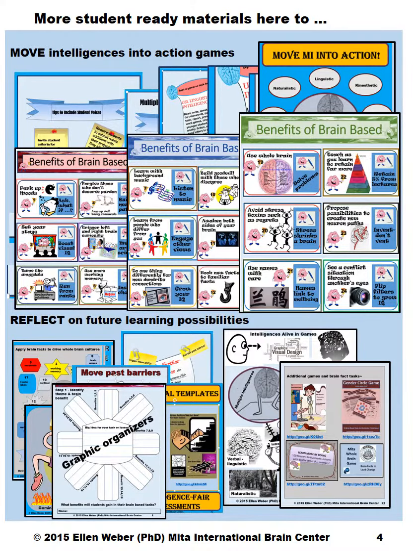Finally, in step 5, you'll move multiple resources into action in your class. This is where it gets fun. Multiple intelligences spring into action in many, many tasks and activities and graphics in this unit.